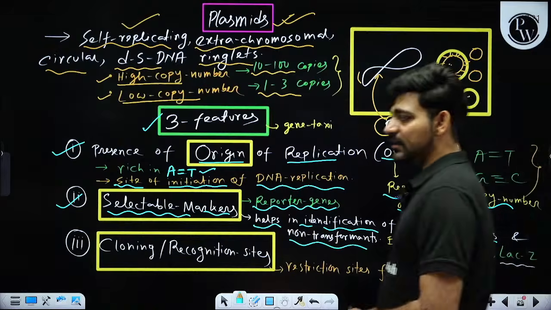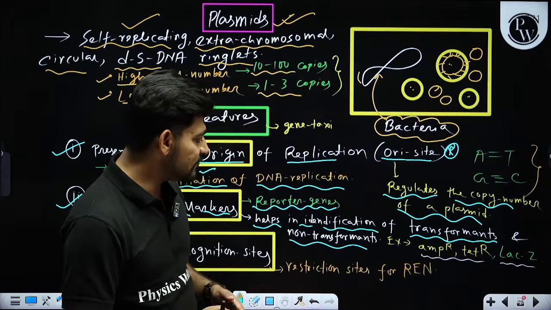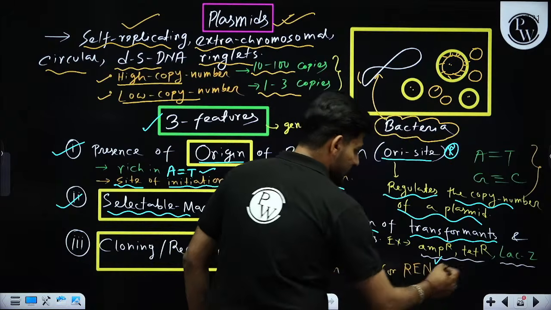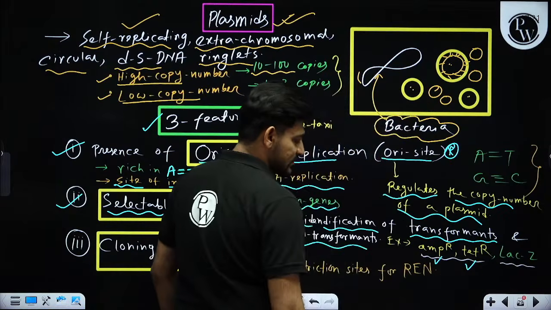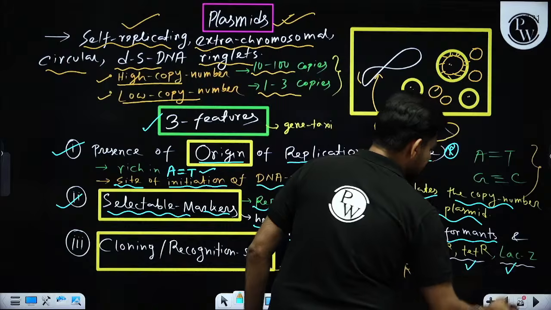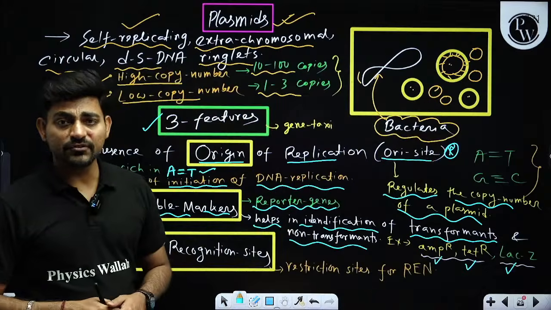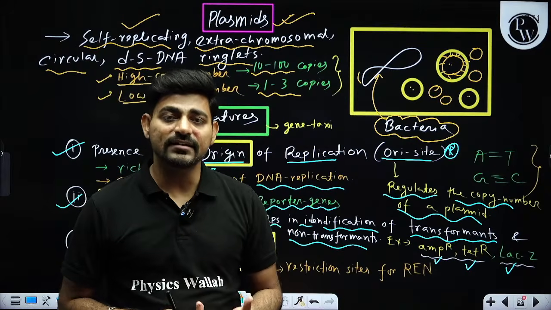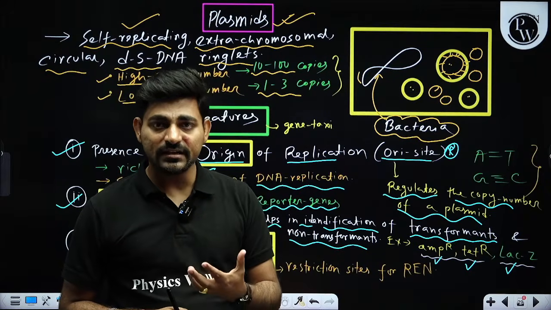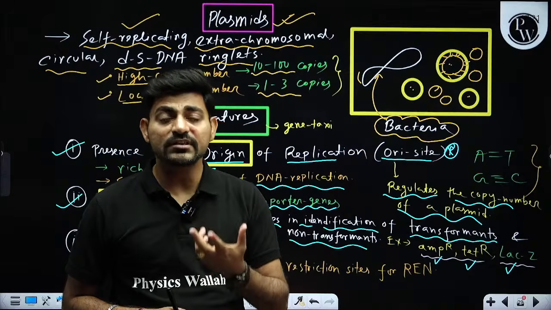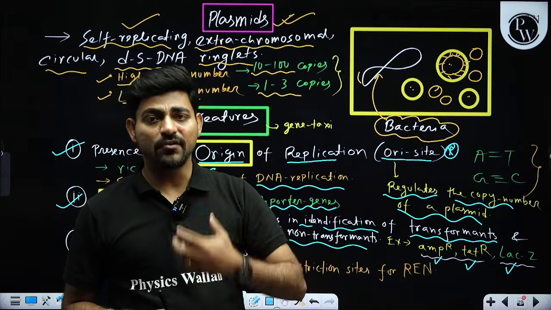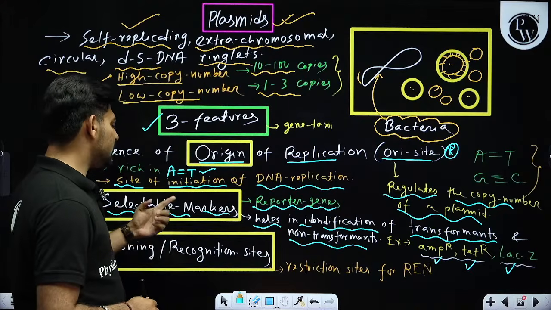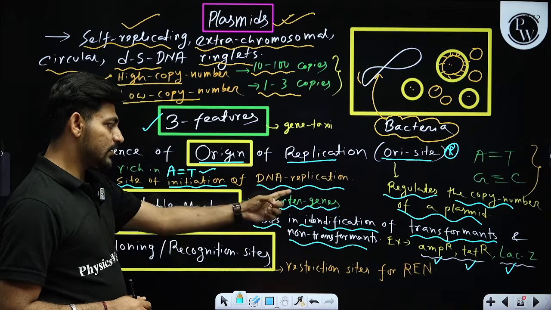For example, if a plasmid is having genes like AmpR, ampicillin resistant gene, TetR, tetracycline resistant gene, or LacZ gene, it will be very useful for us to identify whether our bacteria in the lab culture is transformed with the recombinant DNA or not. So that's why we named them selectable marker or reporter gene.